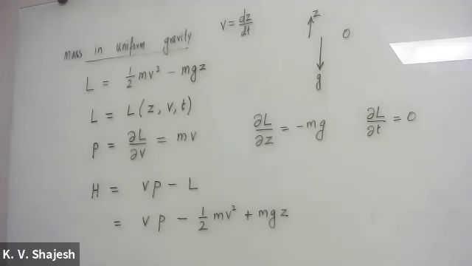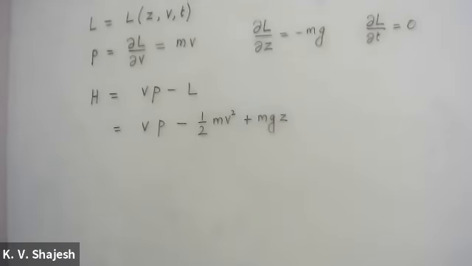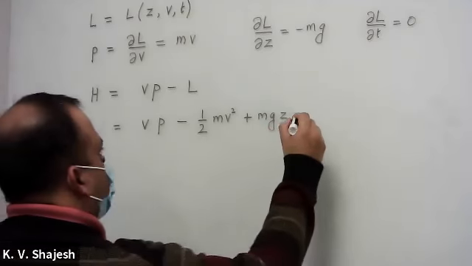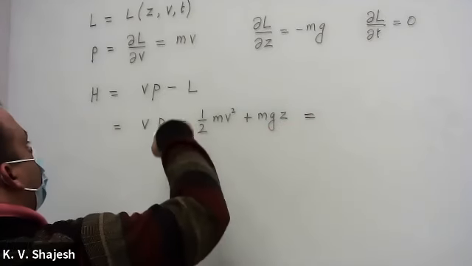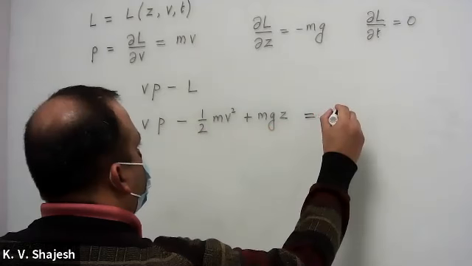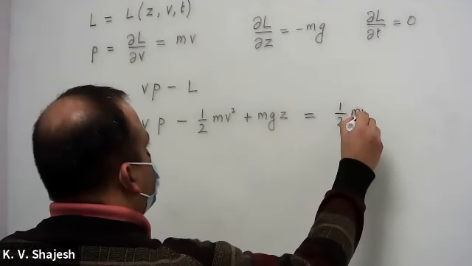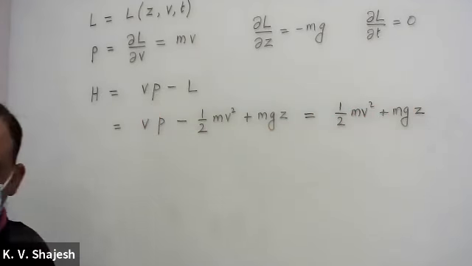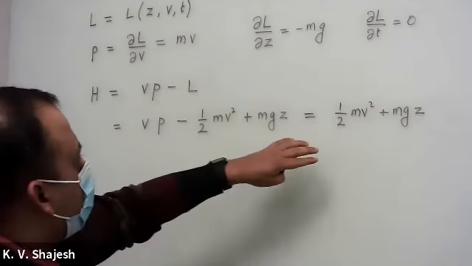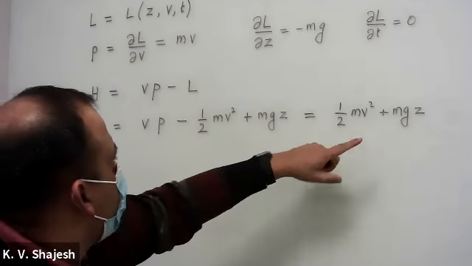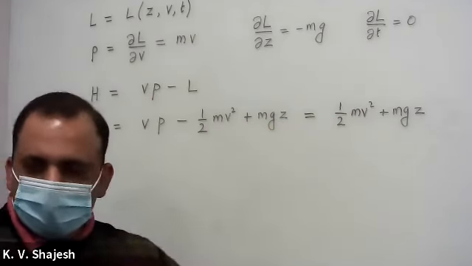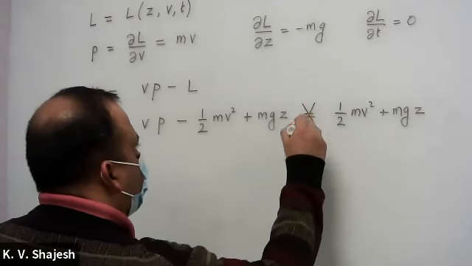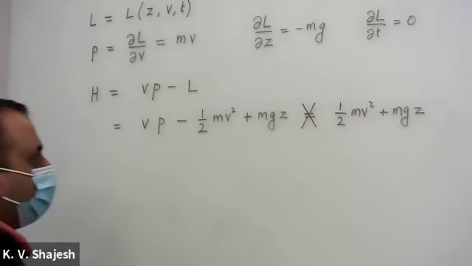Now often you will see it written by replacing p with mv, so that's half mv squared plus mgz. That's okay as far as numerical quantity goes. But notice that we already said that the Hamiltonian should not be written in terms of velocity, so that's misleading in a sense.